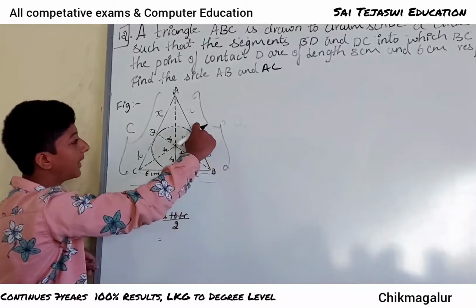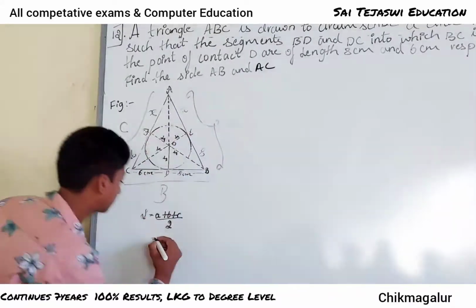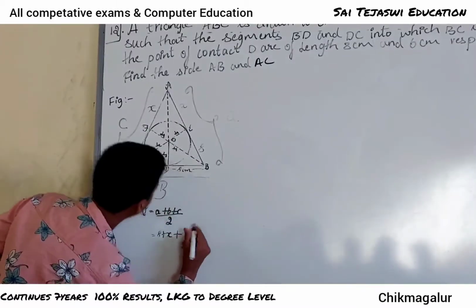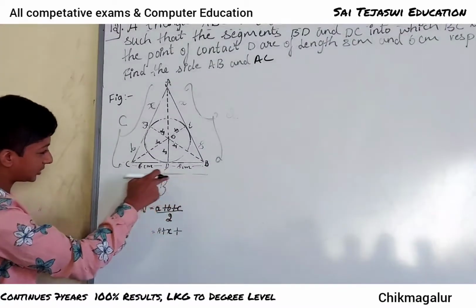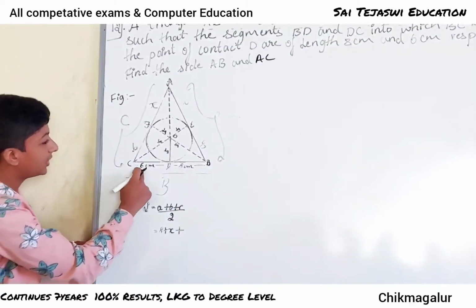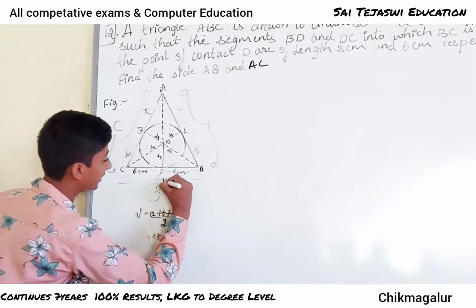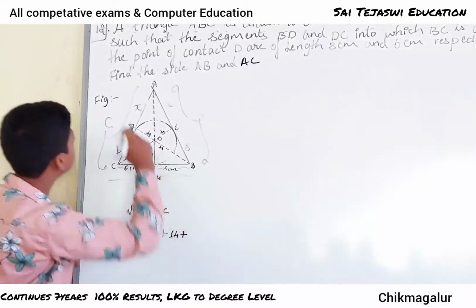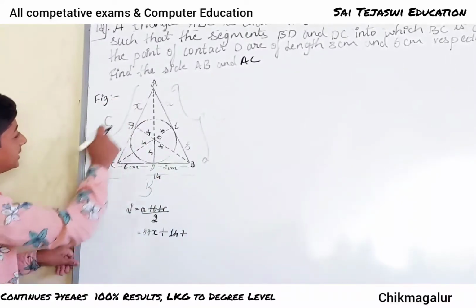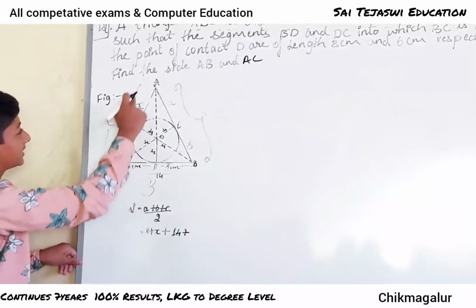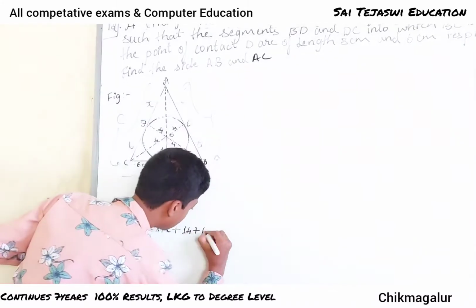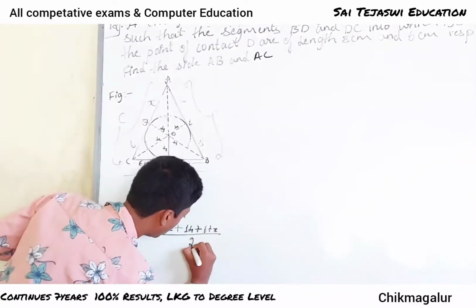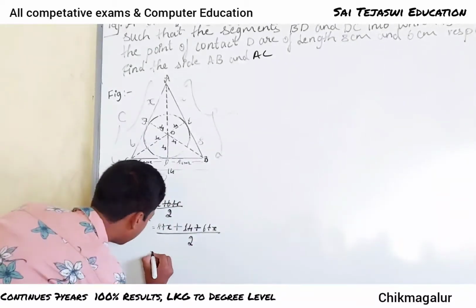We should not multiply, we should add. Then B is 8 plus 6, which is 14 centimeter, plus C, which is 6 plus x, all divided by 2.